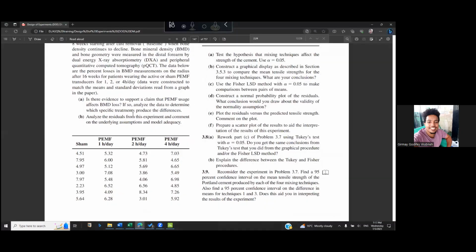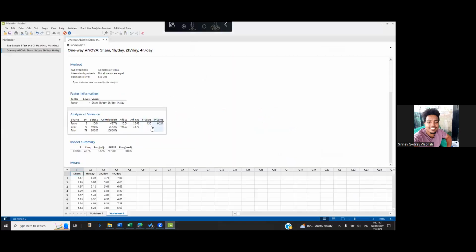The PMF usage does not affect BMD loss, because the p-value is greater than the significance level.